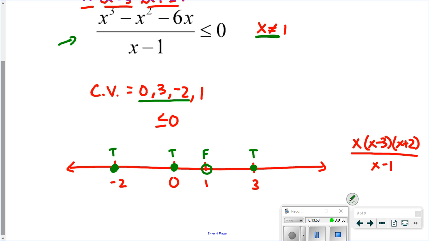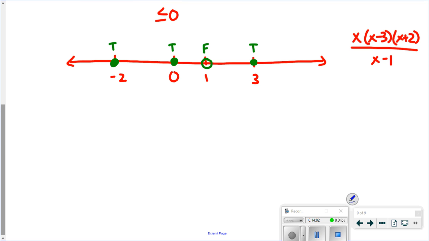Okay. So I want to pick numbers from each region. Feel free to, after I do this first one, go ahead and pause it and then try to work it out on your own and then go back and see if you get it right. Okay, so here I'm plugging in something like negative 3. So I'm plugging it into this right here for x.